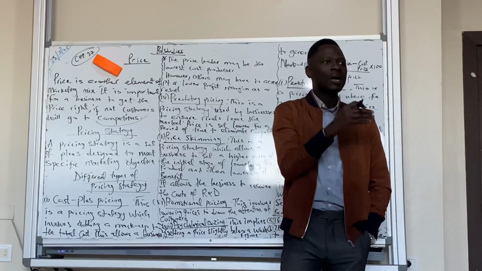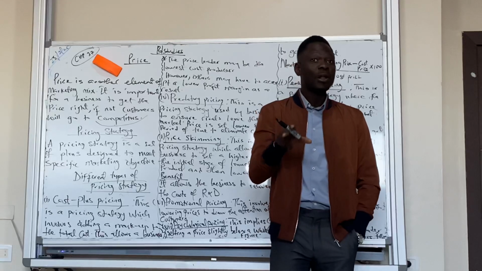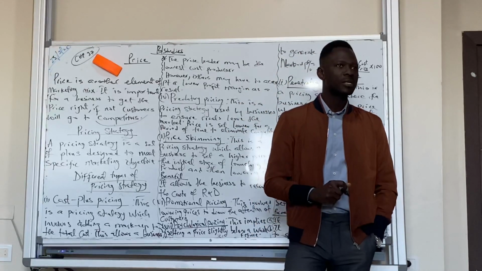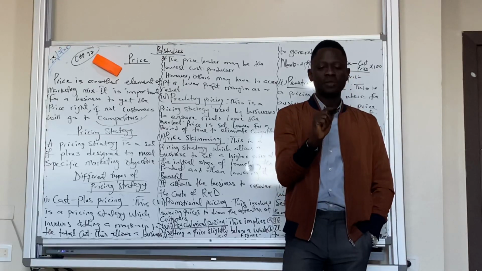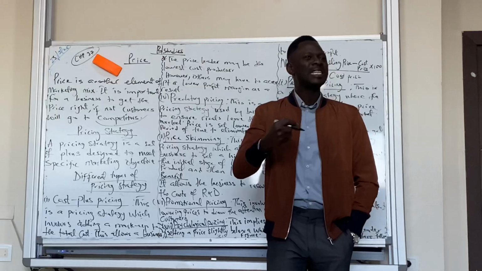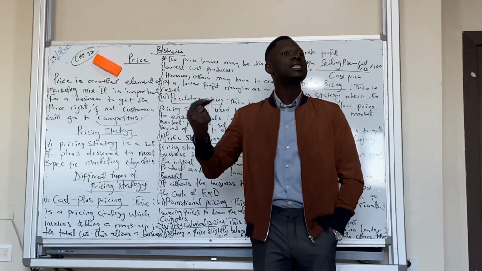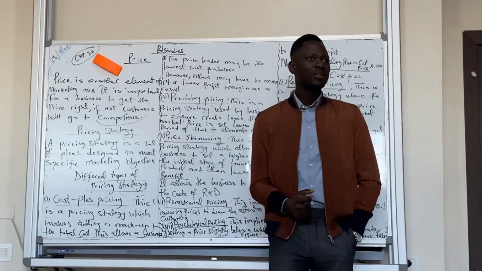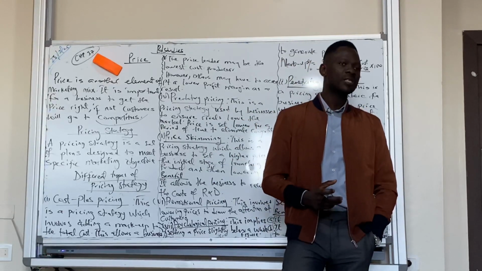Other businesses will not be allowed to sell until they are able to recover their research and development cost. And one of the reasons why government does this is because it gives others the incentive to want to do research and development. Because without research and development, we won't be seeing innovations, we won't be seeing new products or services.